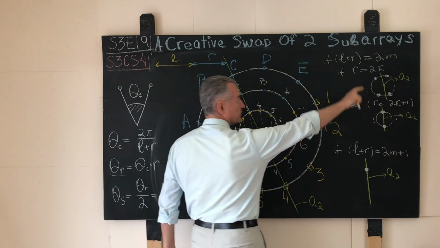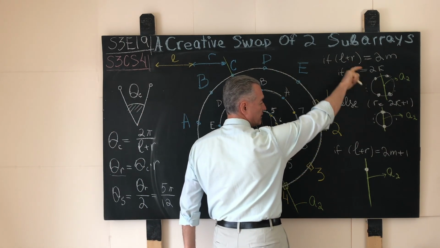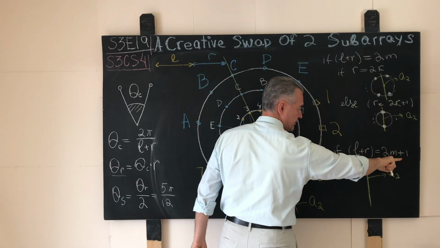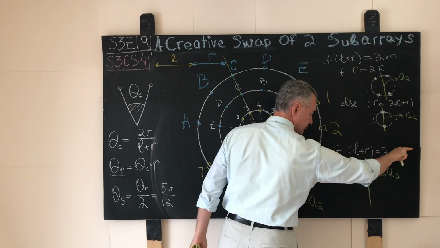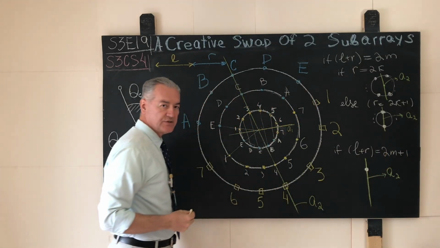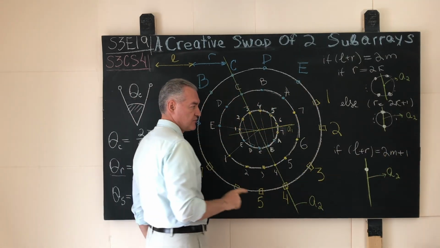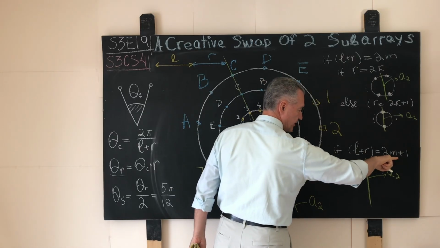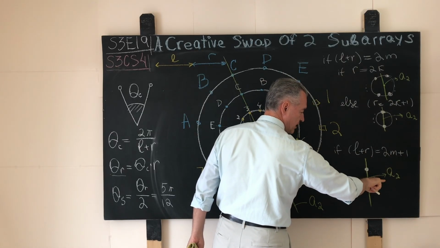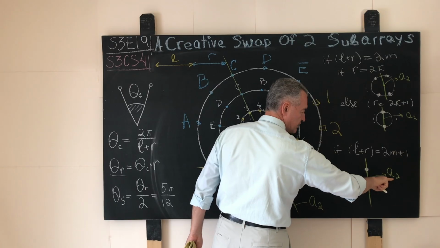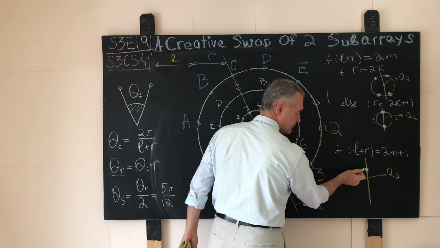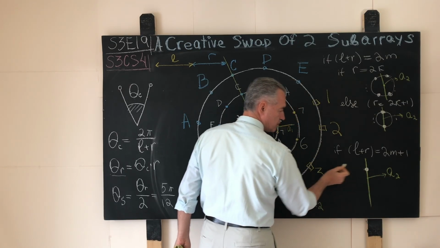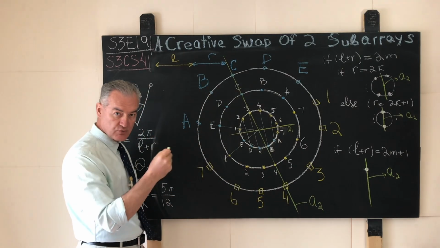And if the size of the input array is a number that is odd, representable as 2m plus 1 for a suitable integer m, then the second axis of reflection, A2, again shown in green, will pass through one node of the regular polygon.